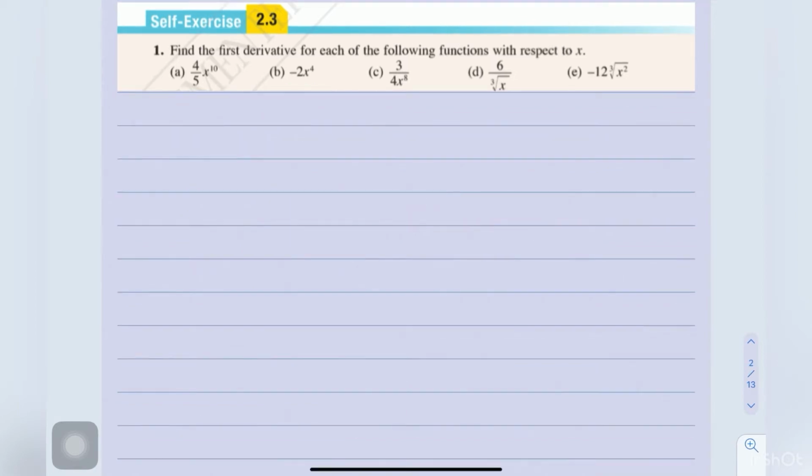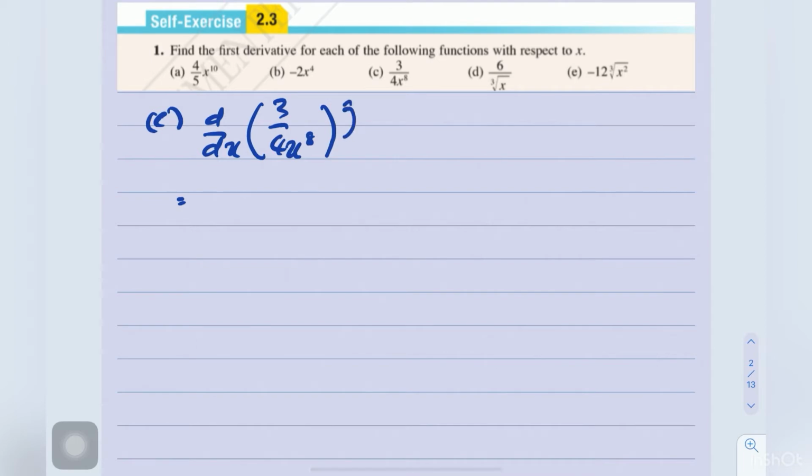Question 1c. Differentiate 3 over 4x to the power of 8. For this situation, you have to move up the variable, which is x. So this one still has this notation: 3 over 4 x to the power of negative 8.